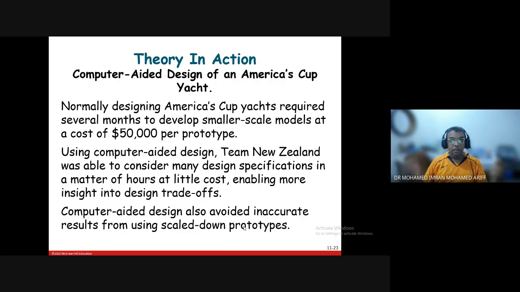Like in this example, the American company spent about 50,000 on prototypes, whereas the New Zealand team spent less than that just by using computer-aided design software. So they were able to reduce their costs and time, and deliver the same product in a way that was cheaper and took less time.